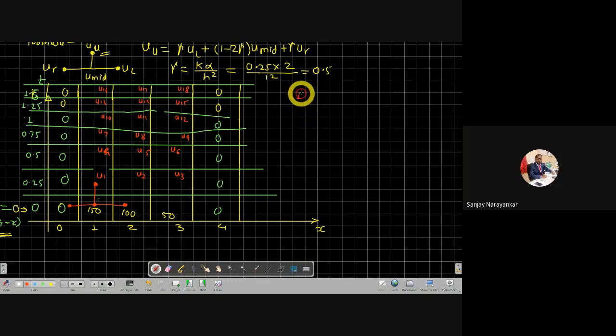So this is the value we have to find out, that is U1. This value is 100, mid value is 150, and this value is 0. Can you tell me the equation for U1?